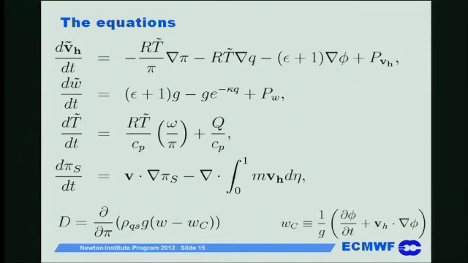But the thermodynamic equation hasn't changed. It's just in T tilde. It's a name change of the variables. And you have this extra equation for the divergence that connects the divergence and the vertical velocity in order to close the system.